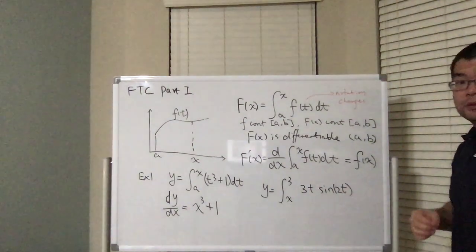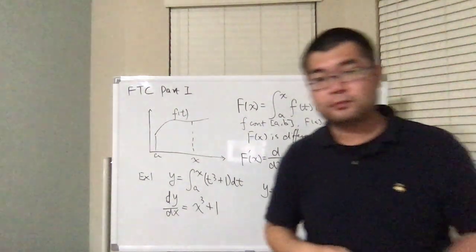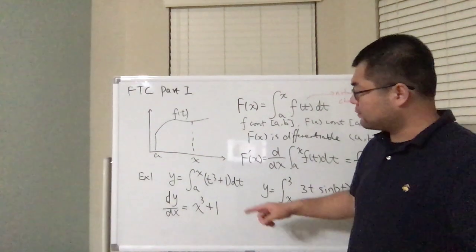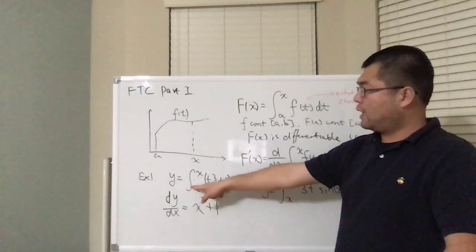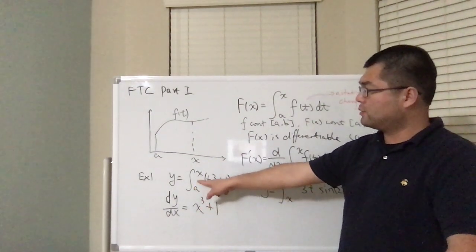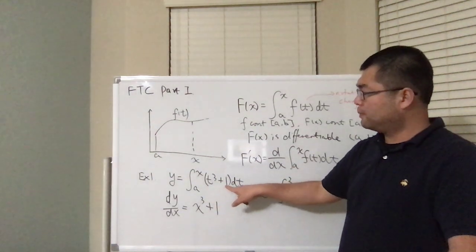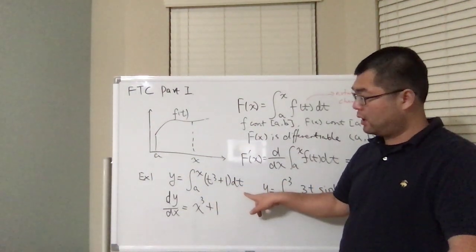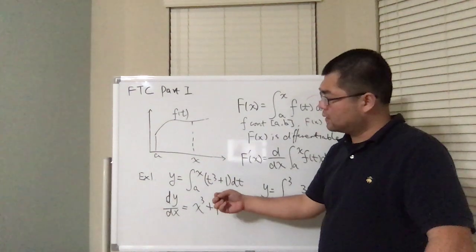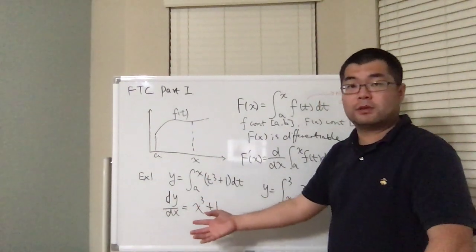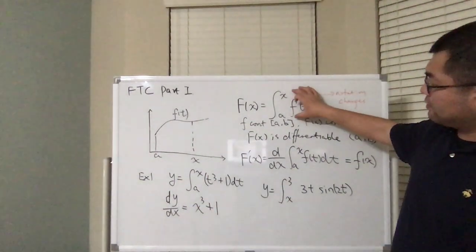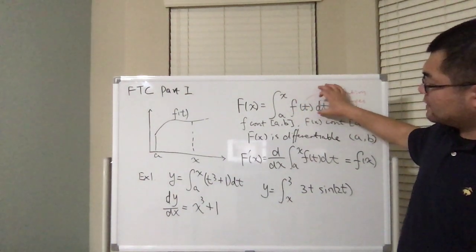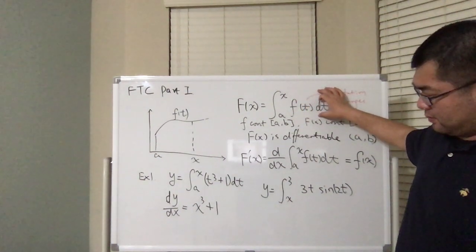So let's look at two examples here. First one, if I have y equals the integral from a to x of t cubed plus 1 dt, and I'm looking for dy dx, in other words, I'm taking the derivative of this definite integral.